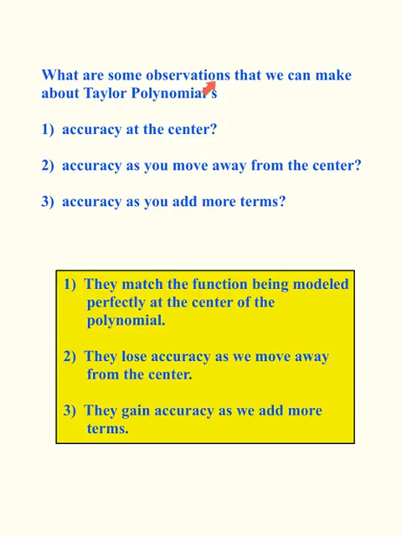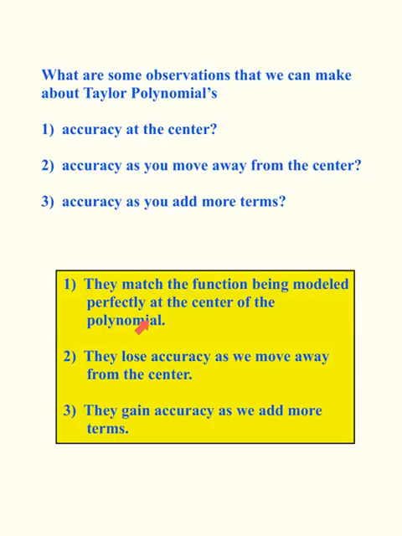So what are some observations that we can make about Taylor polynomials? Well, their accuracy at the center is perfect. The functions match exactly or perfectly at the center of the polynomial. Remember, that center is what we expanded from.